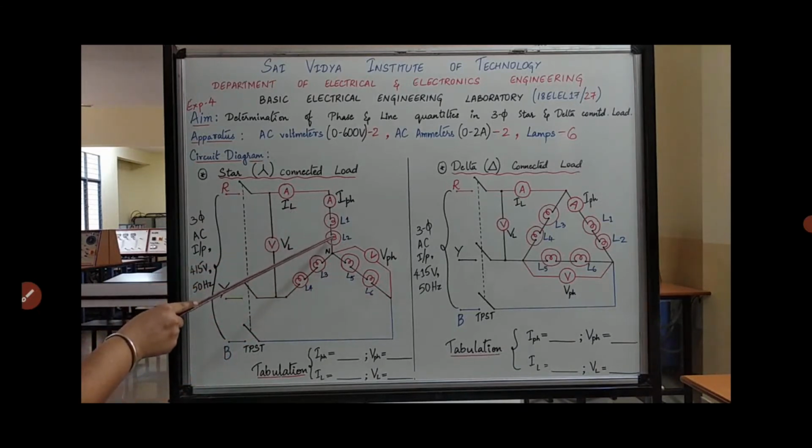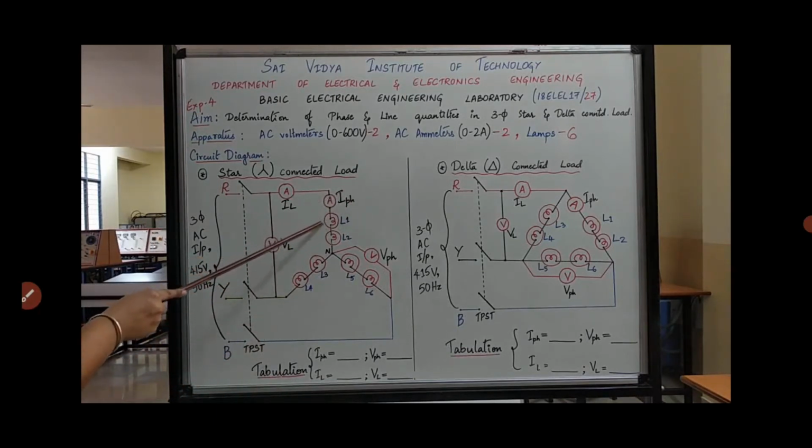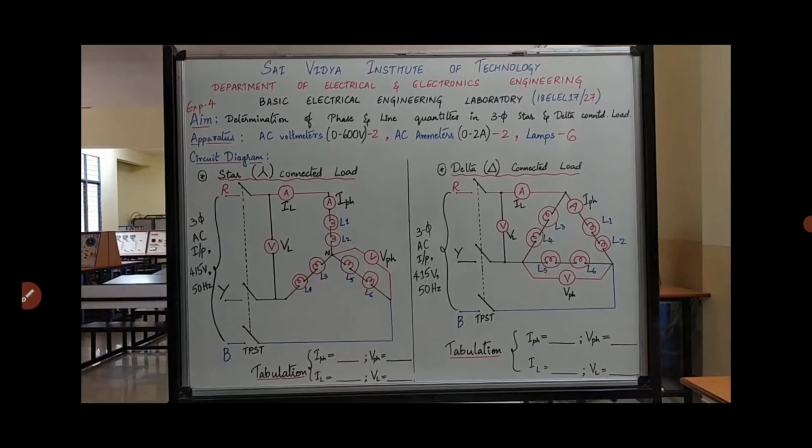Once the current enters the R phase, this ammeter is used to measure the phase current IPH. Here we can use lamps as a load because these lamps are equivalent to resistors. So we use a total of 6 lamps, 2 lamps in each phase, so that the circuit is balanced. And the point at which all of them meet is the neutral point.